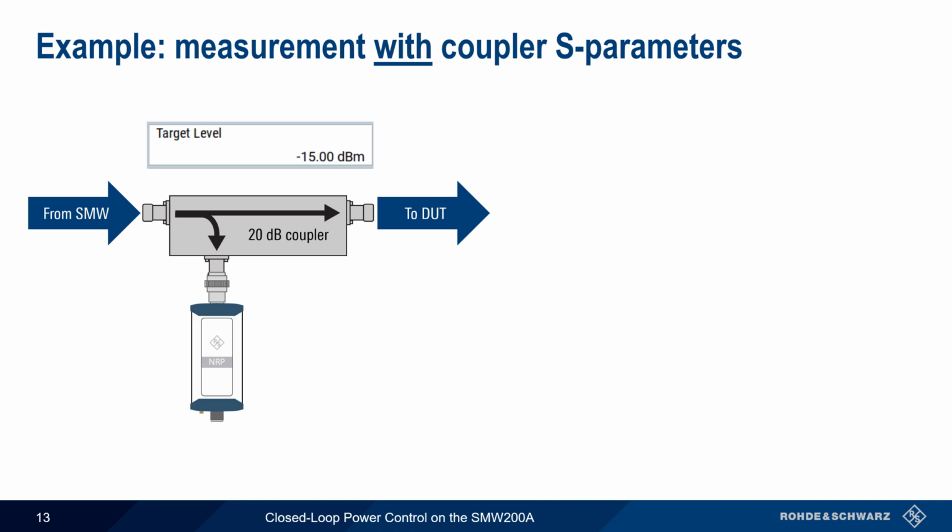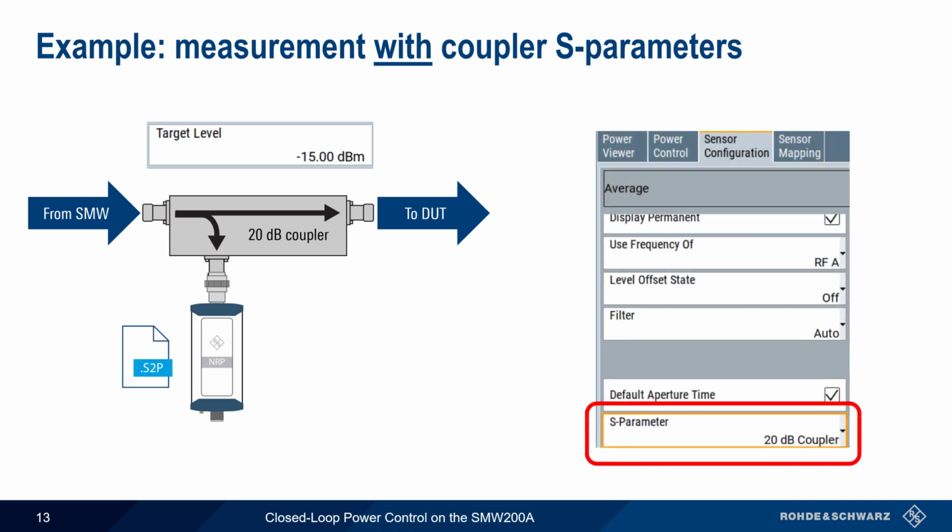On the other hand, if we do select an S parameter file for the coupler and enable it under sensor configuration, the SMW will adjust its output power to -15 dBm, because the sensor now provides a corrected reading of -15 dBm at this output power level. The DUT input power in this case would also be -15 dBm, which is the same as our user-configured target power.